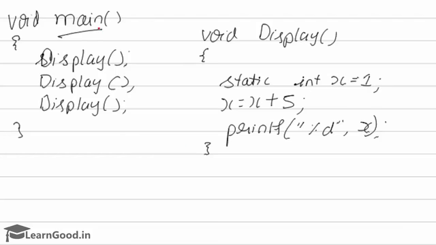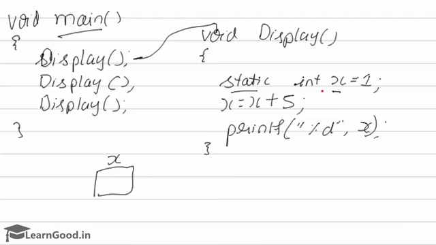The program execution starts from the main, and from main you're calling this display function for the first time. When it comes down to the display function for the first time, this x variable which has been declared as static gets created inside random access memory, and that also inside the initialized variable area, whereas all auto variables are created inside a stack.